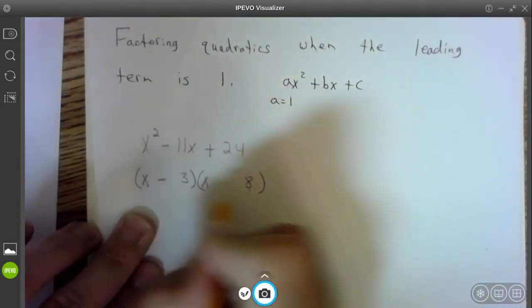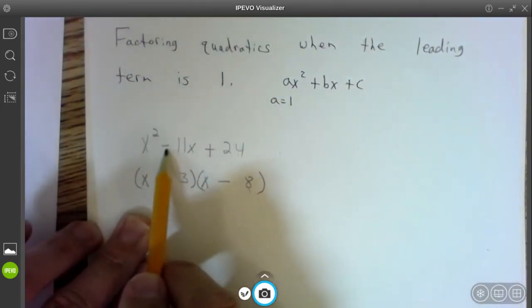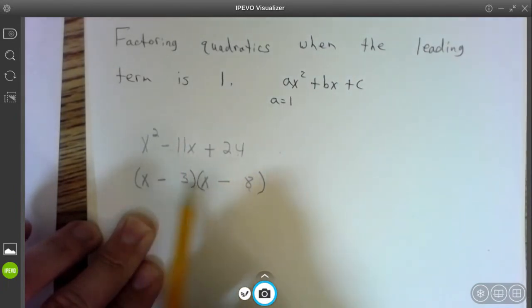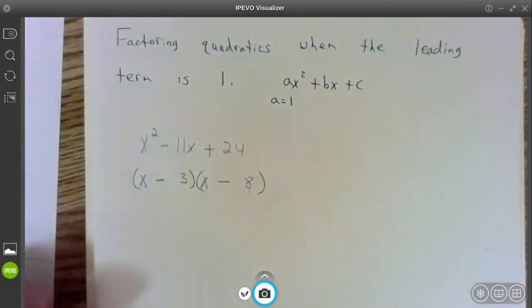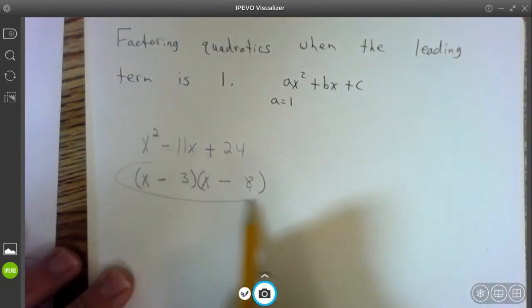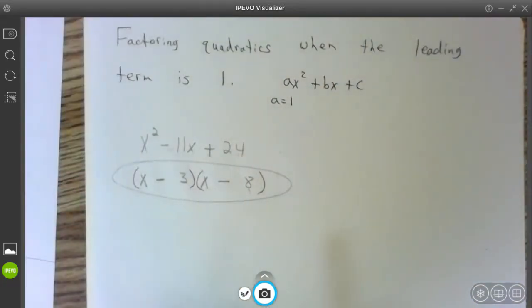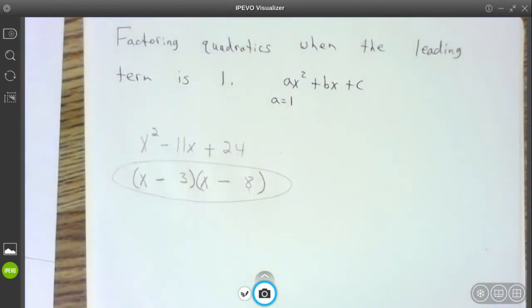But because the middle term is negative, that tells us that both of these things have to be negative. All right, and that's it. That's the complete setup. So this is going to be the factored form of x squared minus 11x plus 24.